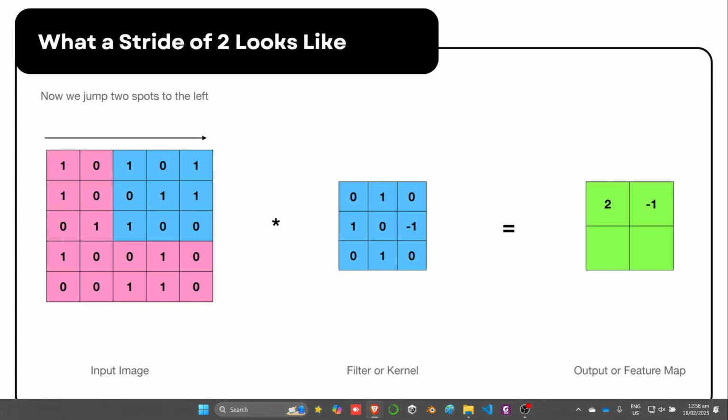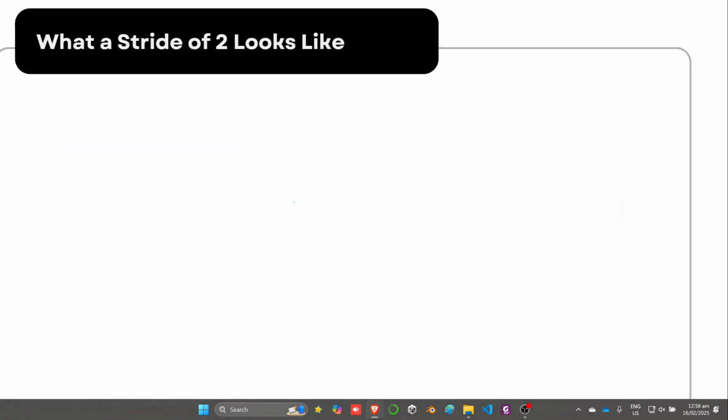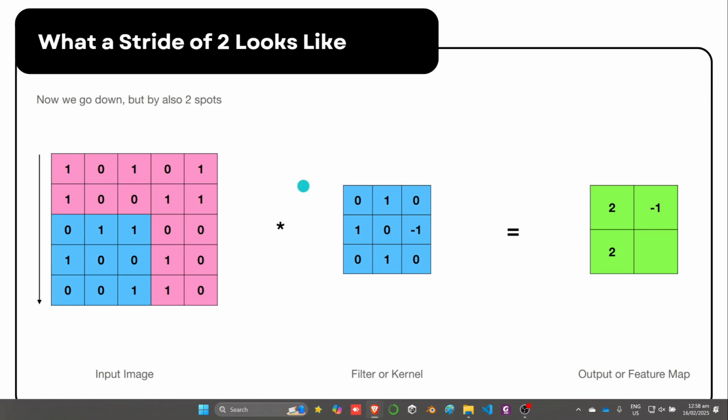As you can see, it now skips 2 points. So instead of the blue starting here, it starts here, just like that. Similarly, when you're going down, it goes down 2 points.